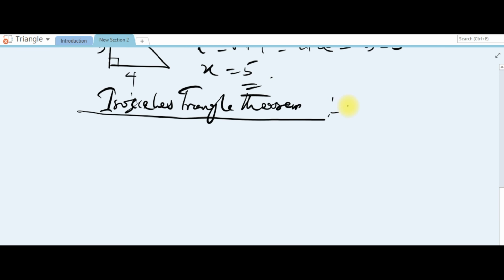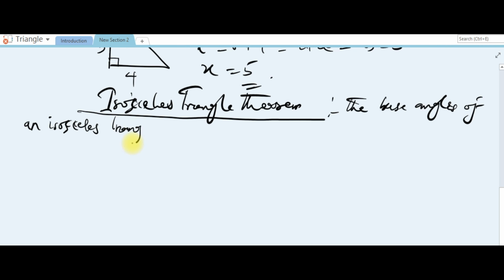So it states that the base angles of an isosceles triangle are congruent, or equal.